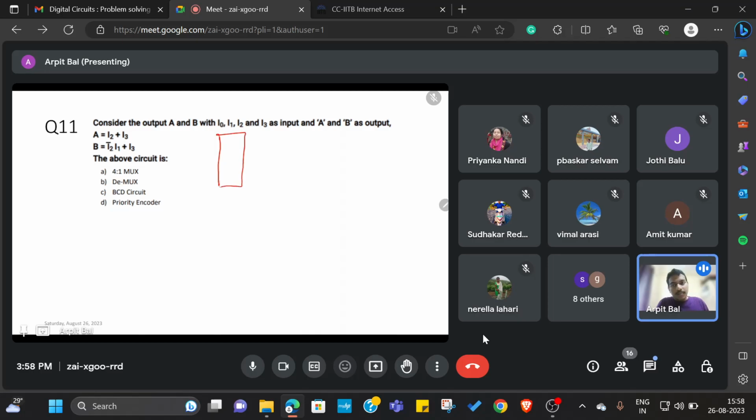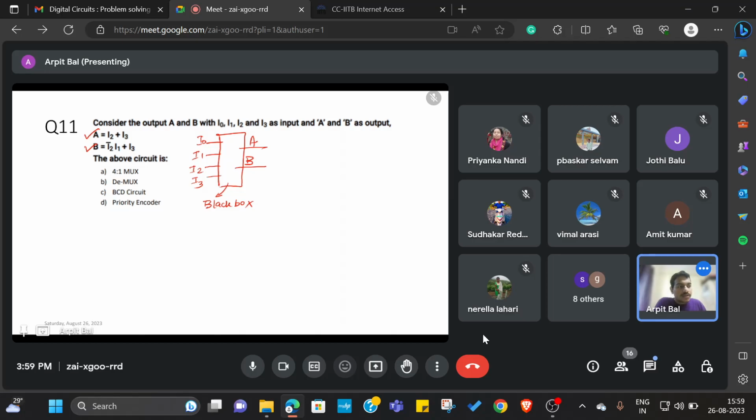Let us say we have a black box and we know the inputs I0, I1, I2, I3, and we have two outputs, A and B. What we need to tell is what this particular black box is. And what are the hints available to us? One thing is it mentions what A is, and another thing is it mentions what B is.